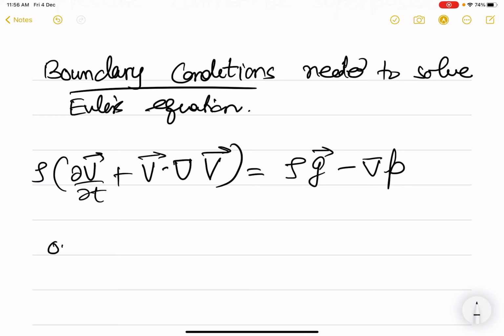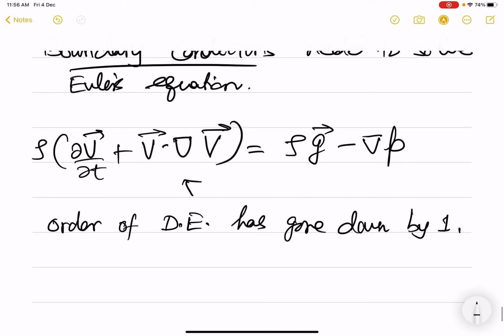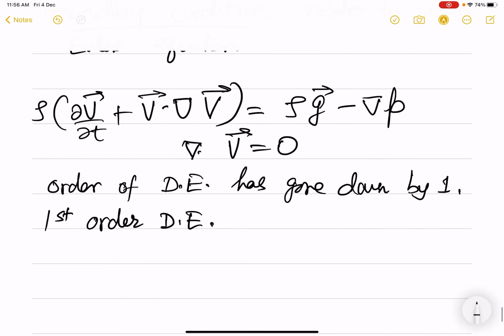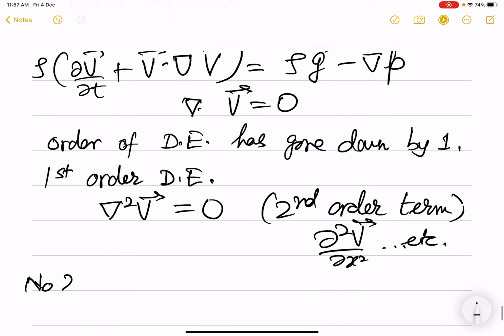Now we realize that the order of the differential equation has gone down by 1, because our governing equations only have first order terms. So Euler's equation is a first order differential equation. Why? Because del square v is equal to 0, and this was the second order term d2v by dx square, etc. Now there is no second derivative.